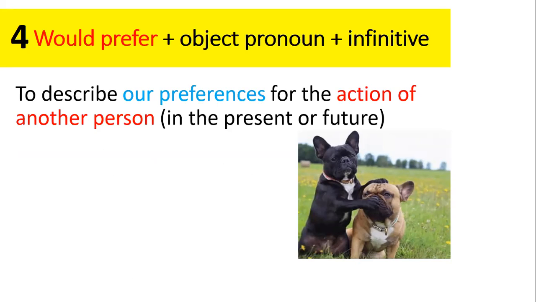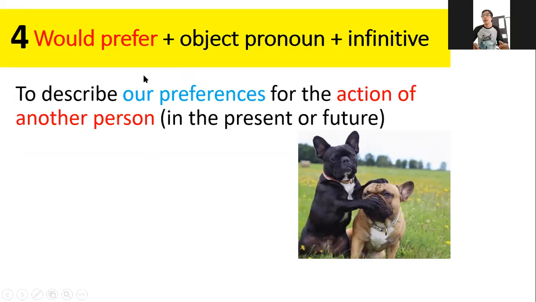So it is about another person, not our preferences for ourselves. Here, remember, the formula is would prefer, then object pronoun, then infinitive.